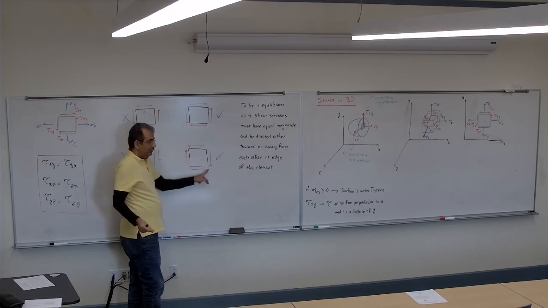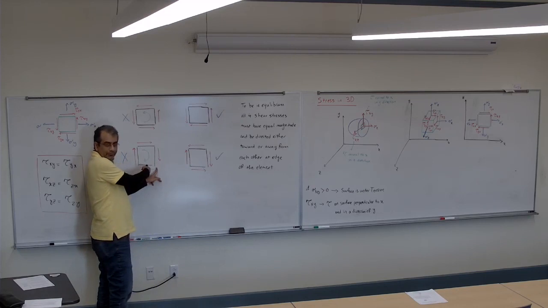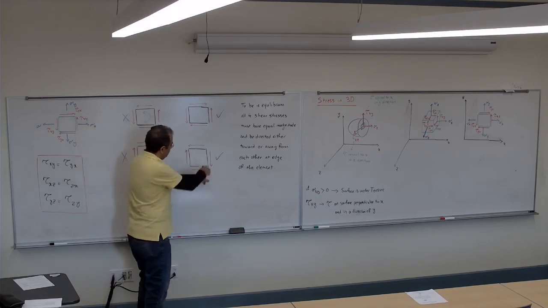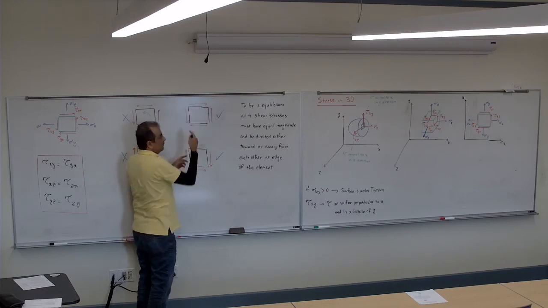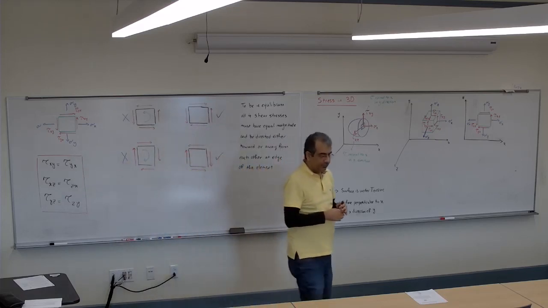Got it? So here is not right because one of them goes toward the edge, one of them moves away from the edge. The same here, one of them goes toward the edge, one of them moves away. But here, both of them move away. So at each edge you choose, either both shear should go toward each other or should move away from each other.